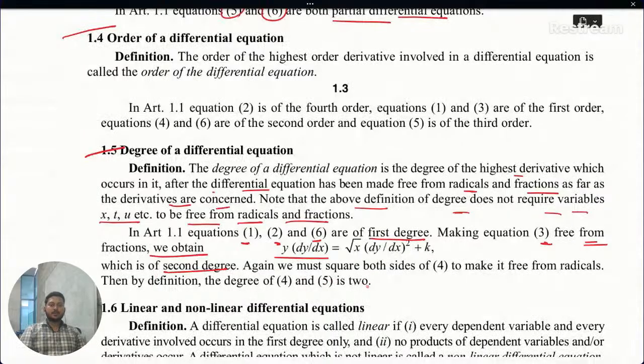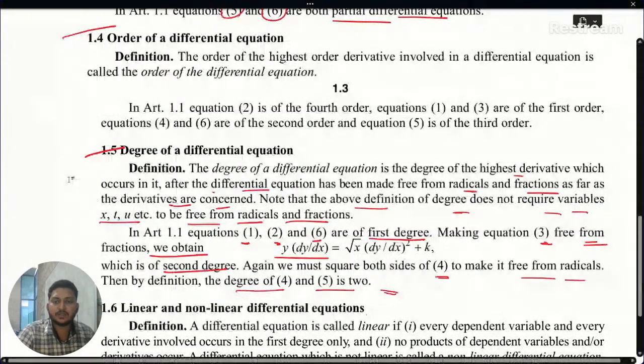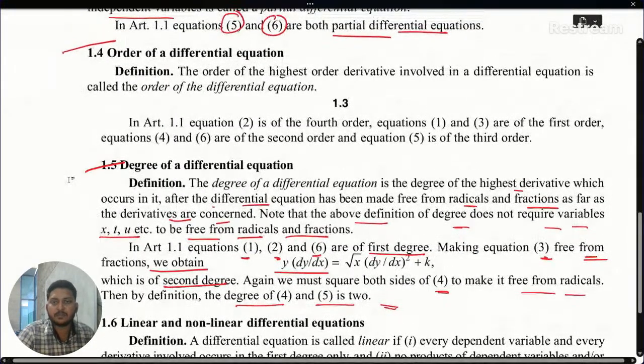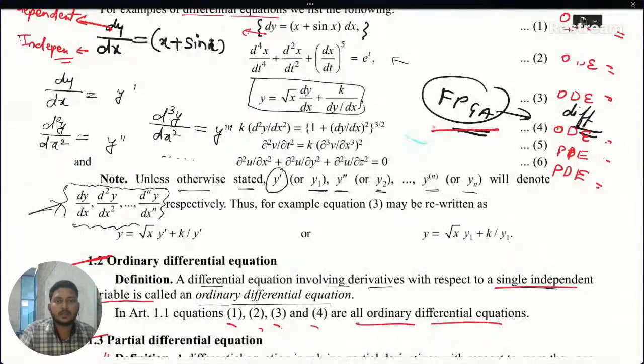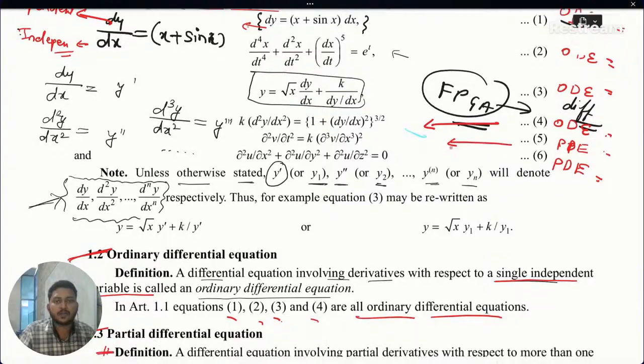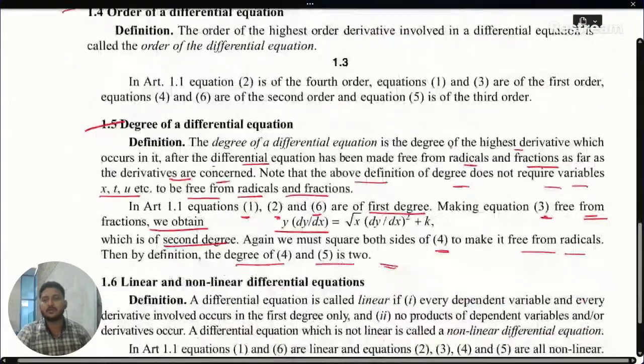Again we square both sides to make it free from radicals. So the degrees of equations 4 and 5 are 2. These two are a part of ODE and PDE, and their degree is 2.